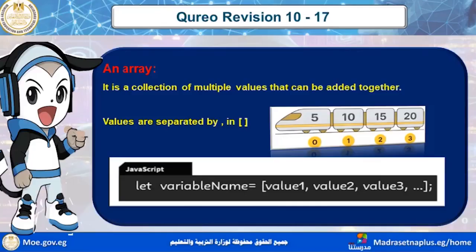So in the example, we differentiate each value in separate groups. Now write let variable name equal value 1, comma, value 2, comma, value 3. So here we declare let variable name equal value 1, value 2, value 3. All the blocks are inside the brackets.